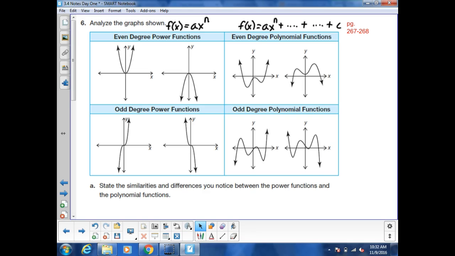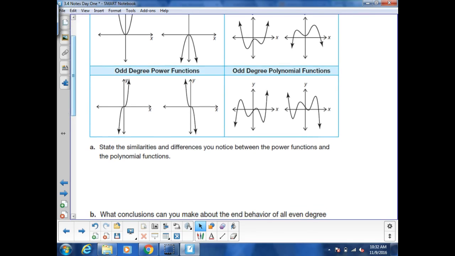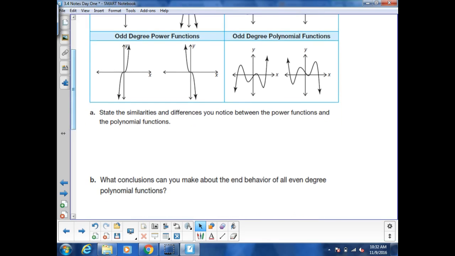So part A here, what do we got for similarities or differences? Okay, so we said that odd polynomial functions have more extrema, okay, odd ones have more extrema, and then odd power functions have none. Okay, so an odd power function does not have extrema.